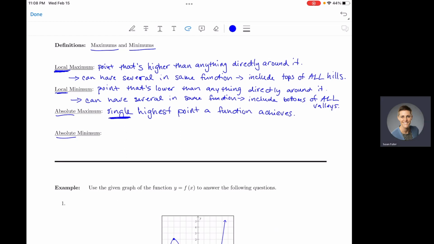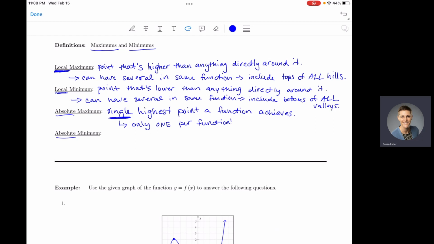Single means only one per function. So it is the one highest point that a function achieves.